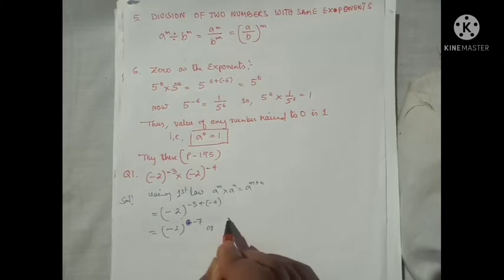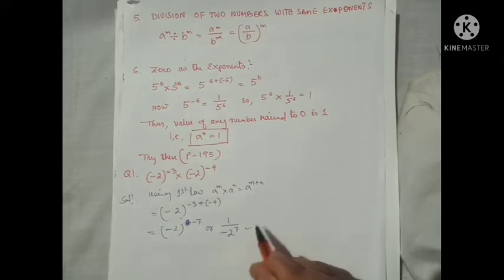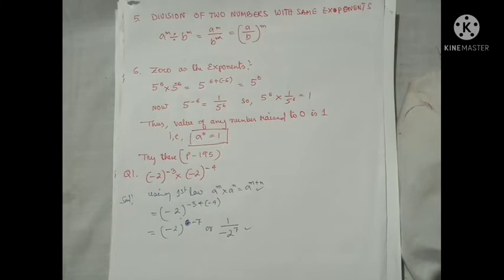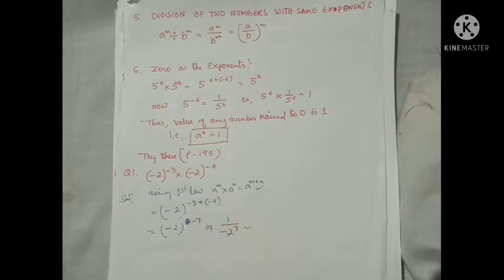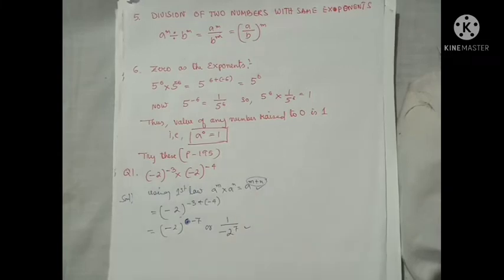Or we can write it like this: 1 divided by minus 2 to the power 7. In this way we can write. We are using the first law, multiplication of numbers with the same base. If there is the same base, then the powers of the two will be added.